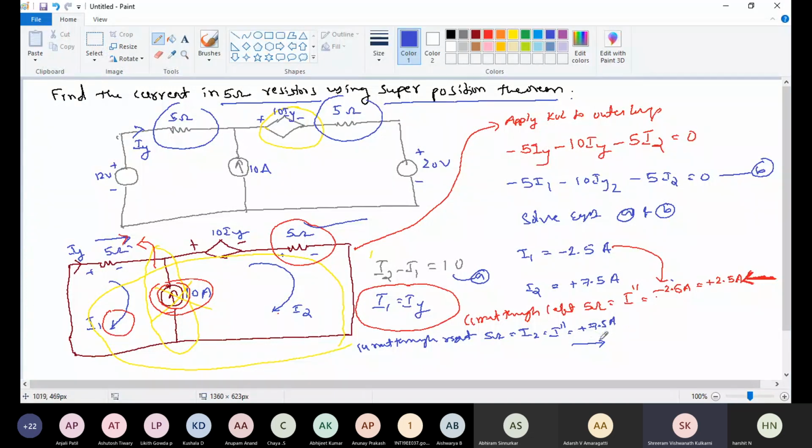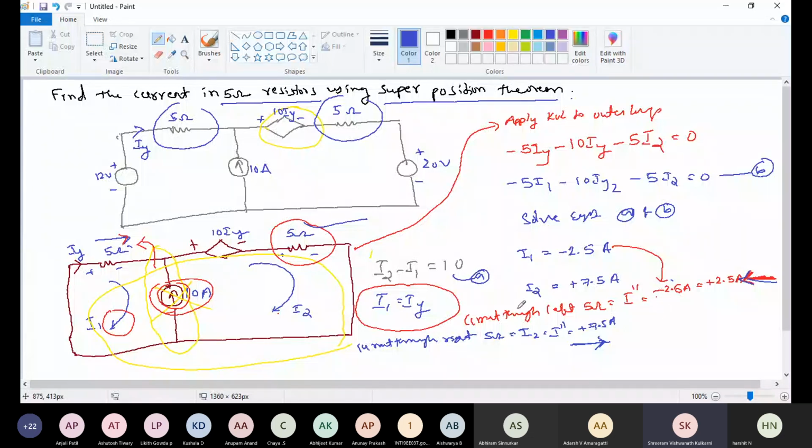Okay, now I shown this direction because this is positive direction, here in this meaning is negative. While we are adding, we are going to subtract that one.